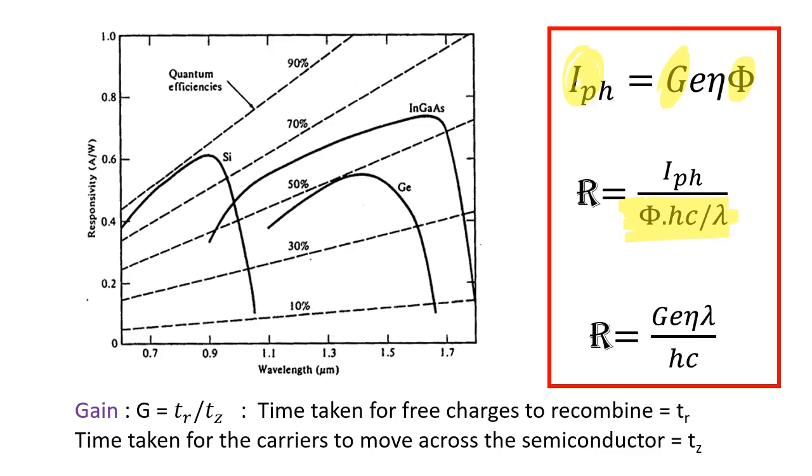So you have these straight lines drawn here. This is a curve between the responsivity and the wavelength, and these straight lines correspond to certain quantum efficiencies. Clearly, as you decrease the quantum efficiency, the slope also correspondingly decreases with respect to this wavelength graph.